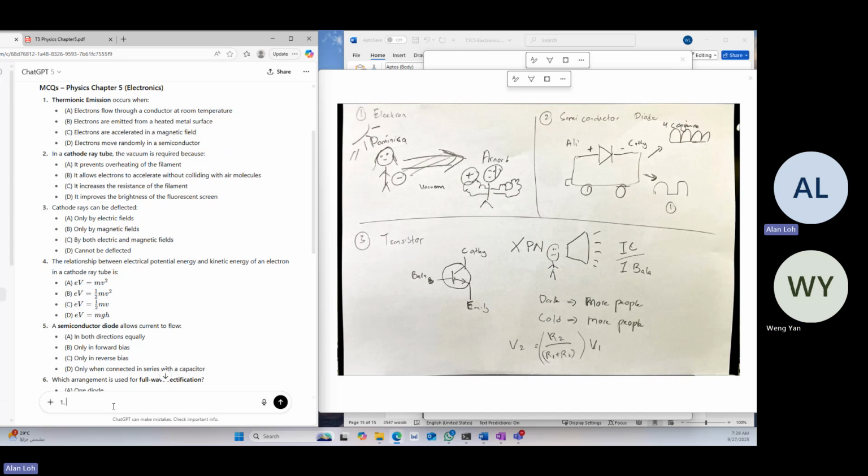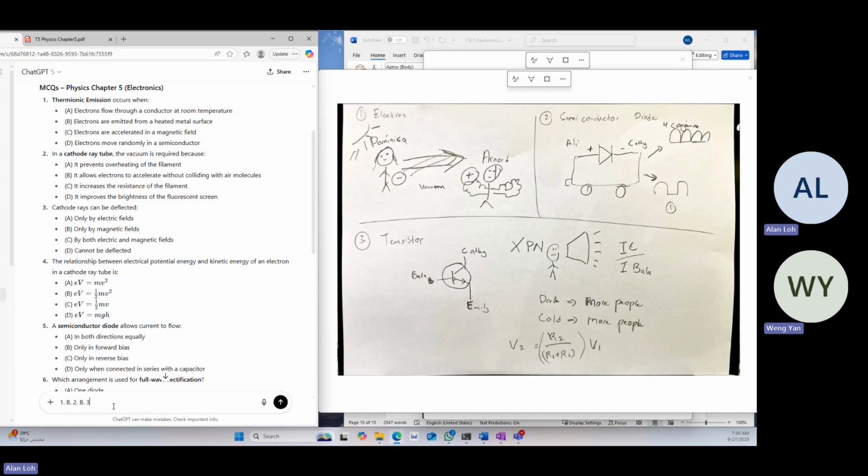For the first one, the first drawer: electrons are emitted from a heated metal surface. It's B. Number 2 is also still electrons, the first drawer. The cathode ray tube: B, it allows electrons to accelerate.